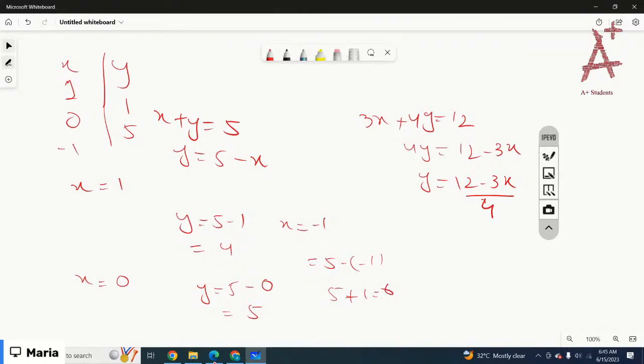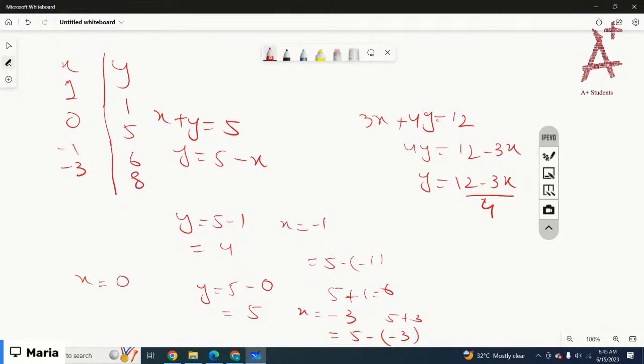Let's suppose x equals negative 3. You can put any points: 5 plus 3 equals 8. Negative 3 and 8.